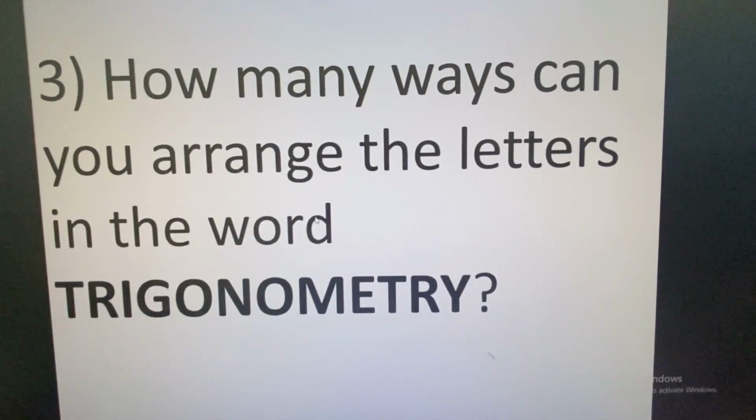How many ways can you arrange the letters in the word trigonometry? Now, this is another question about permutations, arrangement of letters or words. So here's the solutions and answer.